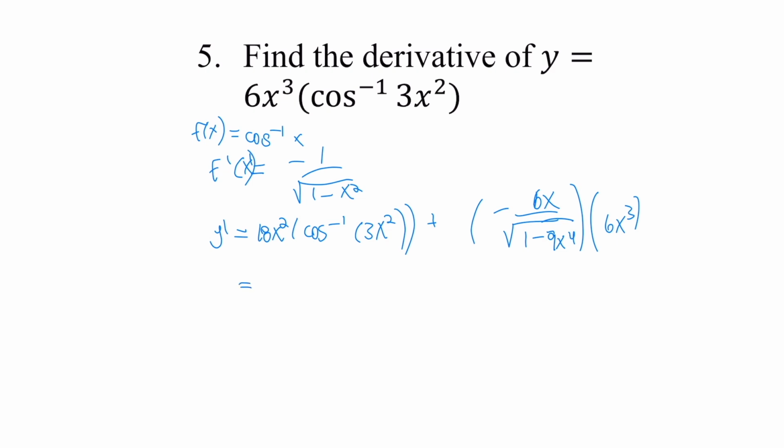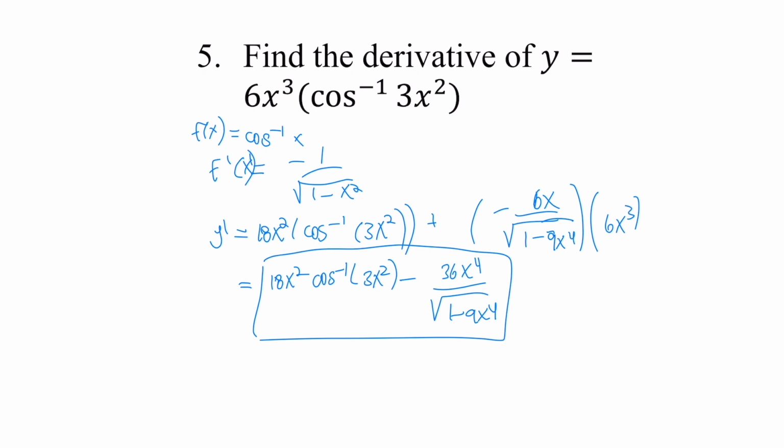Simplifying this a little bit further, we can say 18x squared cosine inverse 3x squared minus 36x to the 4th over the square root of 1 minus 9x to the 4th power. So this will be our answer.